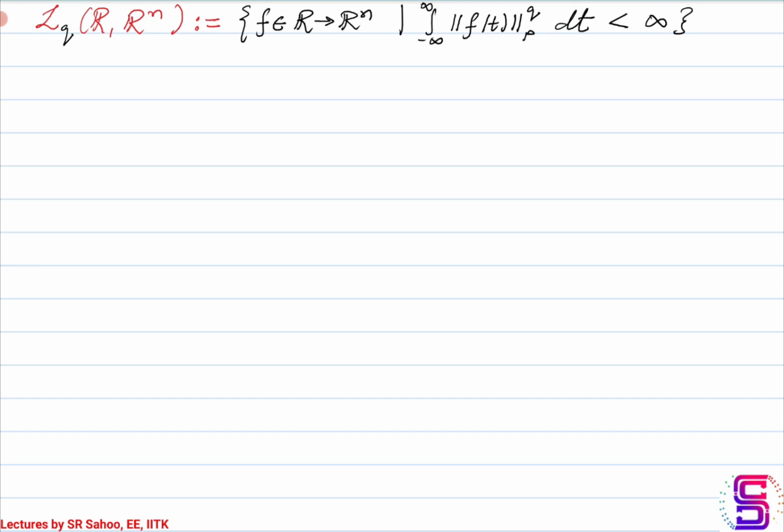This is the Lq subspace. This is the Lq vectors, the Lq space that you essentially have.